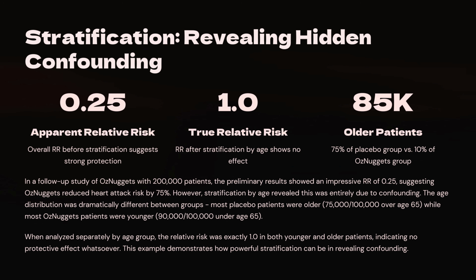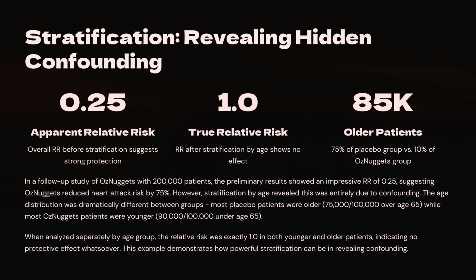In that example with Oz nuggets, we found that age is much lower in the Oz nugget group versus the placebo group. So let's figure out what happens when we stratify the groups based on age. In a follow-up study with Oz nuggets, 200,000 patients, that's a huge one, the preliminary results showed an impressive relative risk of 0.25, suggesting Oz nuggets reduced heart attack by 75%. Wow.